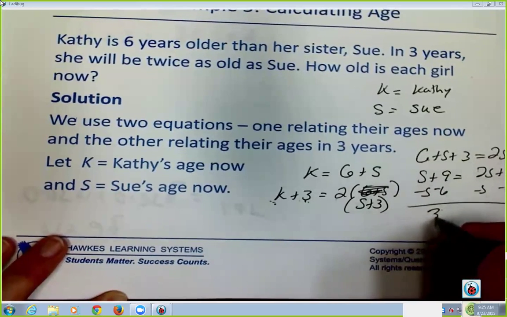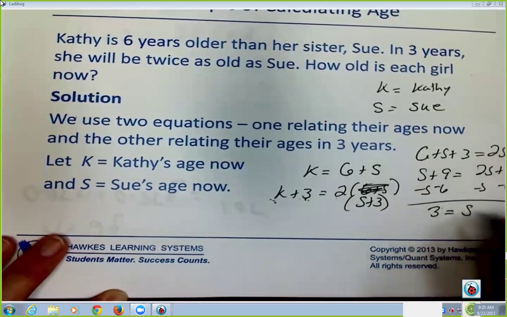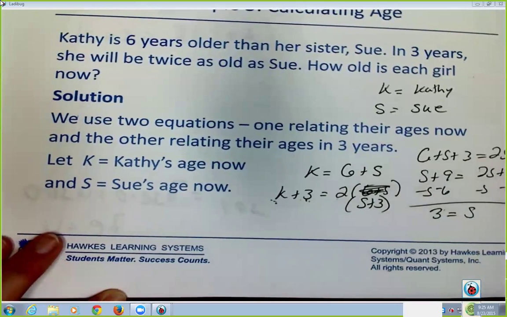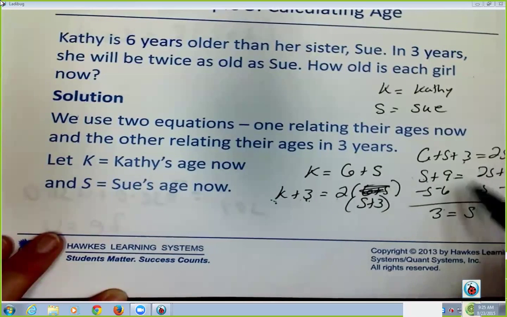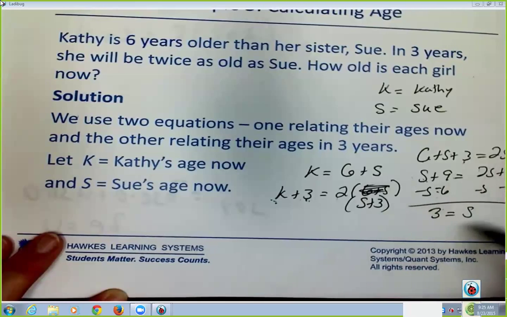And we end up with 3 is equal to Sue's age. So if Sue is 3, make sure I did all my math right here. 9 is S, 2S and 6, minus an S and minus a 6, yes. Okay. So how old's Kathy?